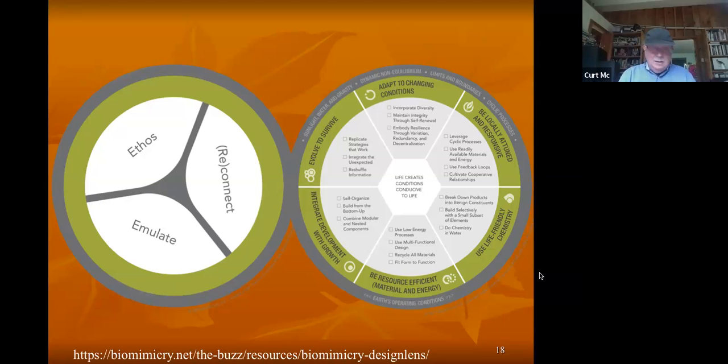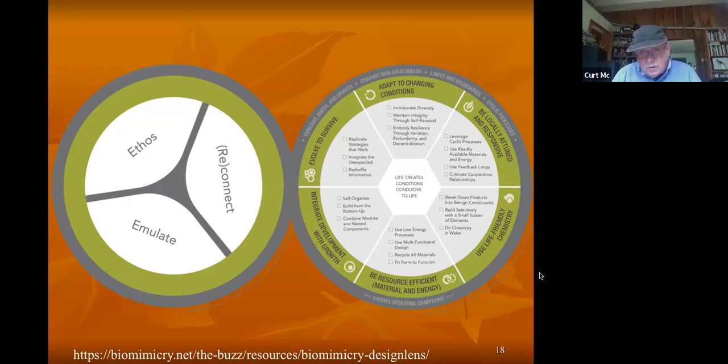And on the right, they have life's principles. So they've looked through and they said, well, how do living systems operate? When we do our work or design work or personal projects, we often don't think of how we could do it with respect to how nature does it. And so then there's 6 big ideas, if you will, that are in green in the middle.